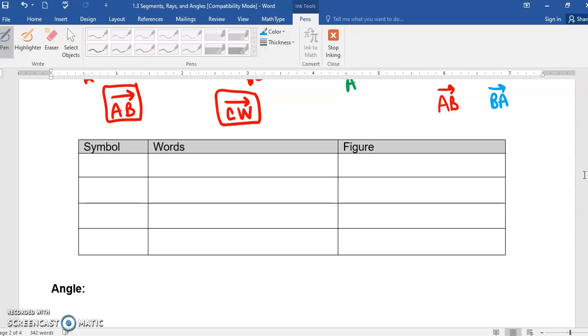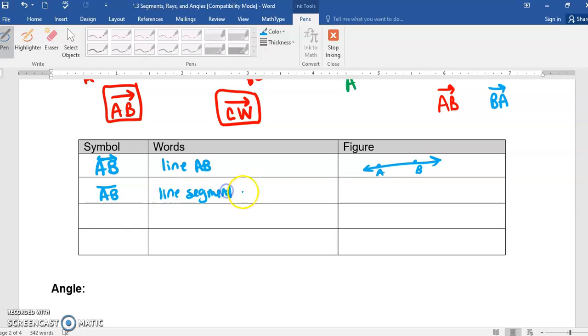So, again, the symbols and the words, if you have line AB, it's the whole line. A little bit of review on some things there. Line segment AB, that's just the line over the top with no arrows.